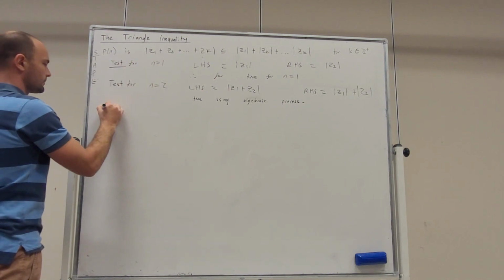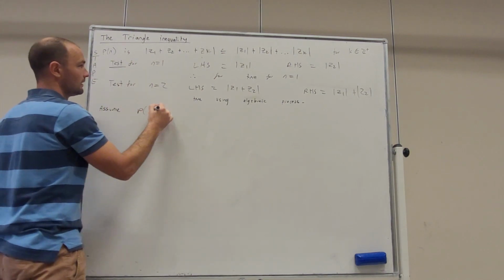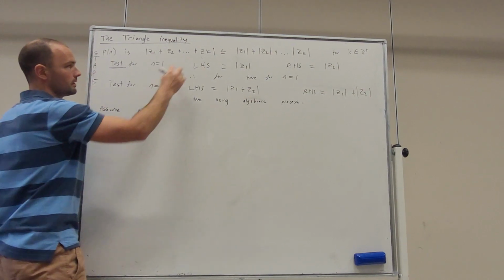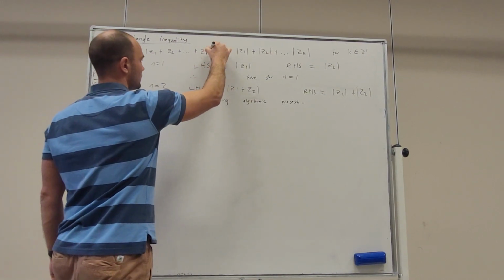Now let's make the assumption. Assume P of K. Now, I'm really sorry, this should be in terms of n, shouldn't it?